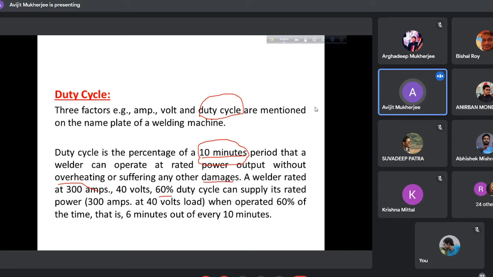So that is the question. You may weld continuously for 10 minutes, but your weld quality is very bad, so that will not be considered.